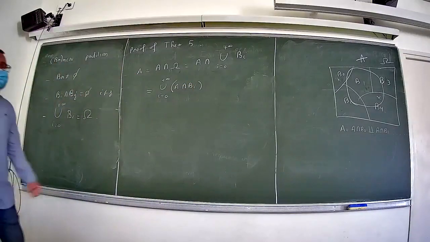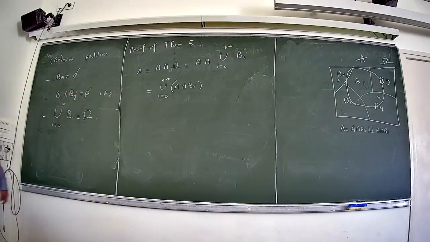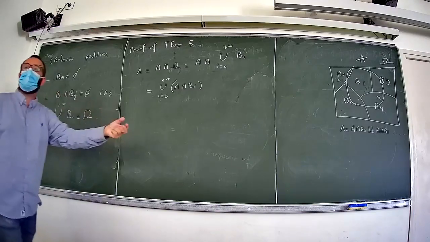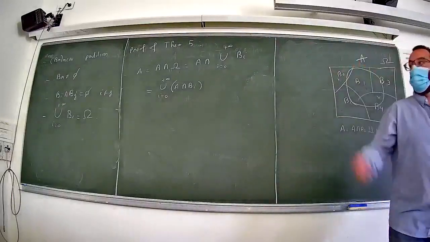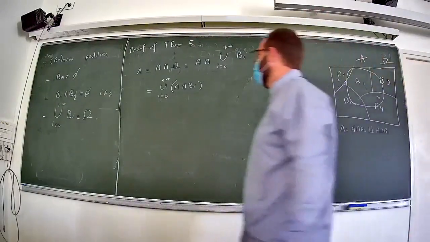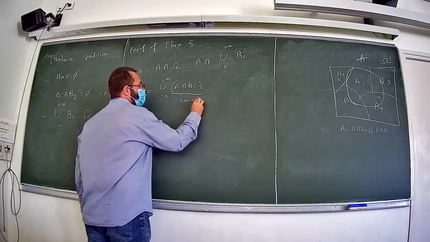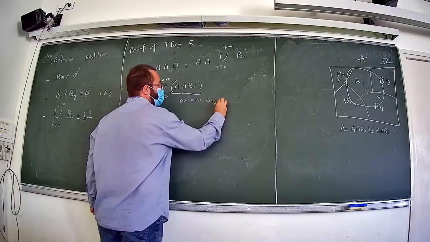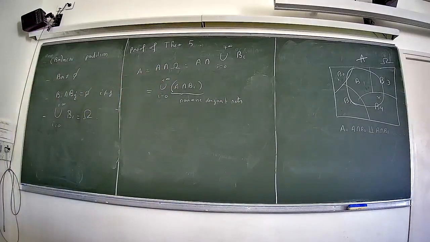So I have written A as a countable union, and since the Bi are pairwise disjoint, doing exactly the same reasoning as in the preceding proof, defining Ci, you have exactly the same thing here: pairwise disjoint sets. So you can use the definition of a probability.